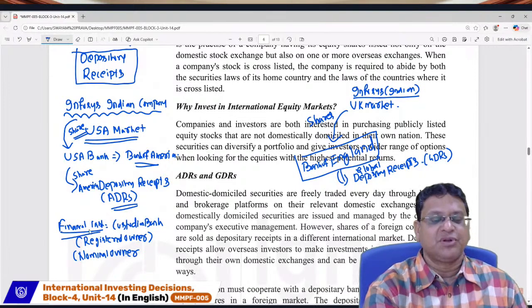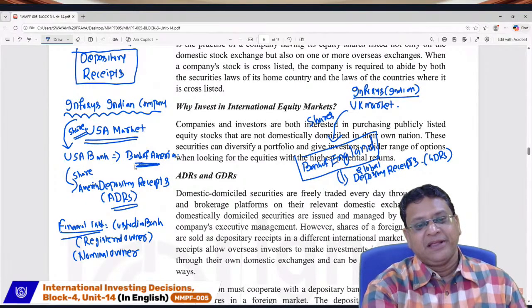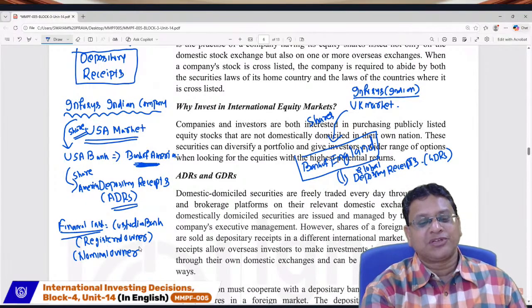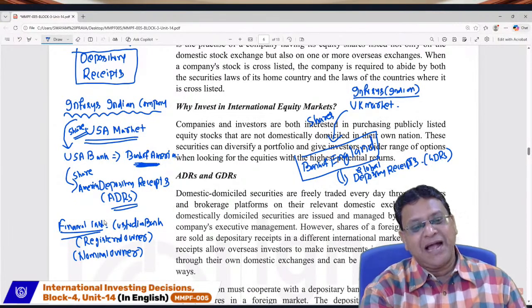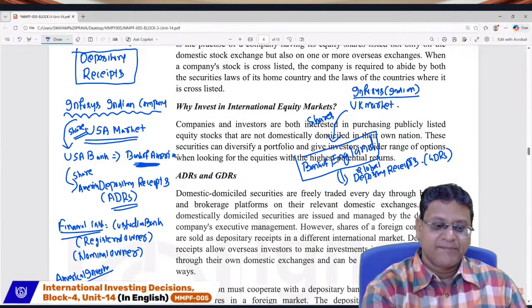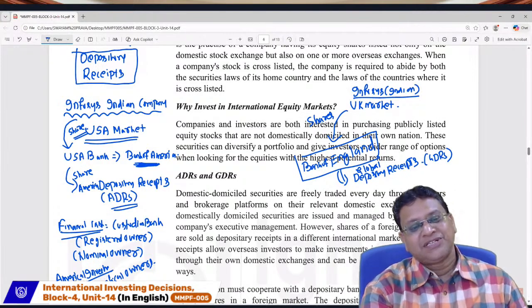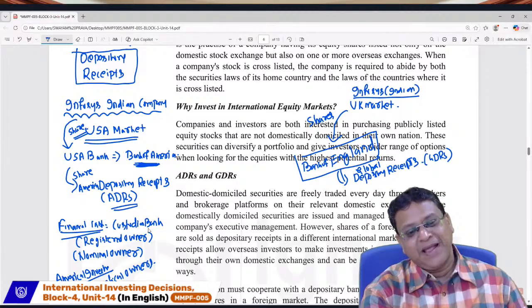What is the financial institution? In the case of ADRs, we have discussed Bank of America. It will be the nominal owner. Securities will be in its name, but ADRs will be in the name of the American investors, and the American investors here are the beneficial owners. All benefits go to the American investors, but the shares will be in the name of Bank of America.